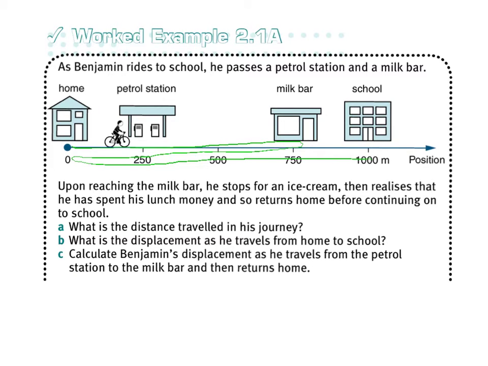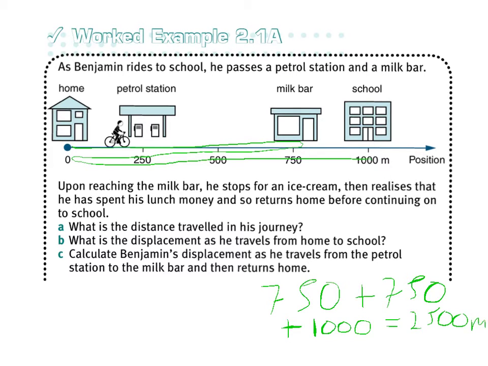We can see that the distance he has travelled is 750 metres when he went from home to the milk bar, plus another 750 when he went back home, plus 1,000 metres to get to school. Add all these up together and we get 2,500 metres.